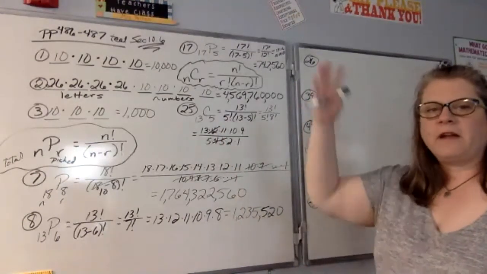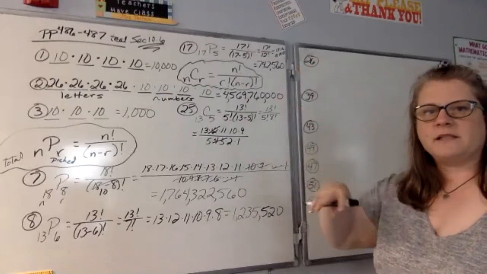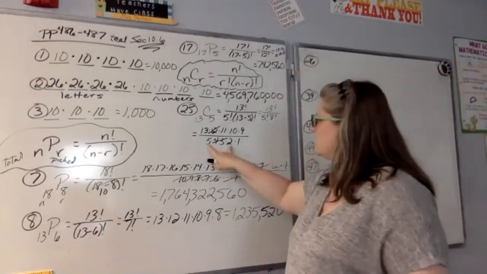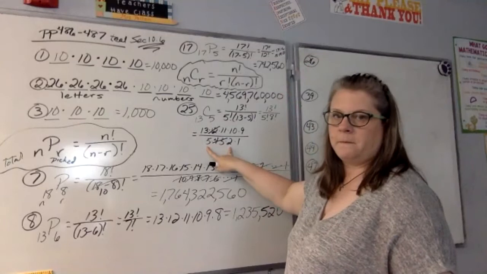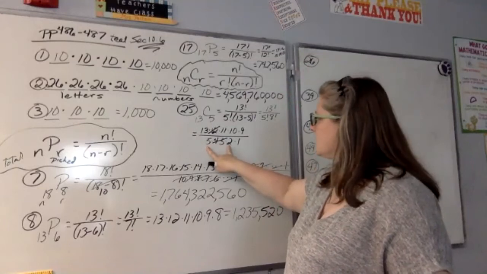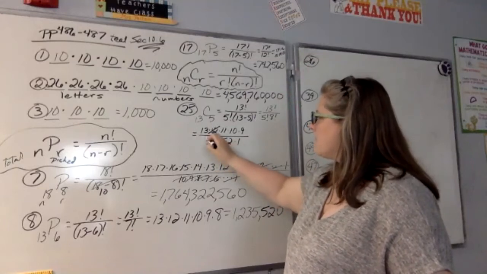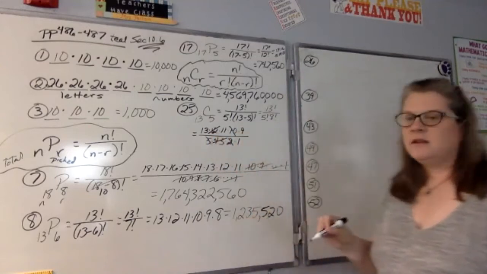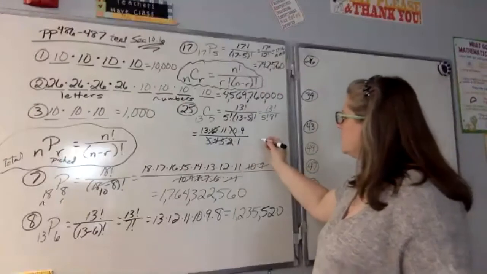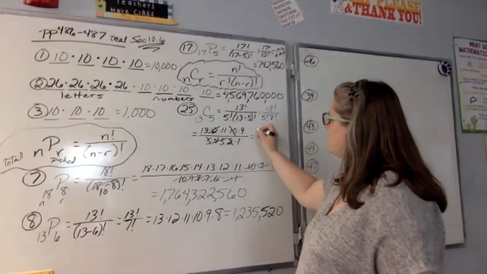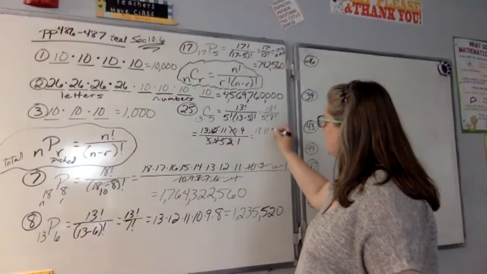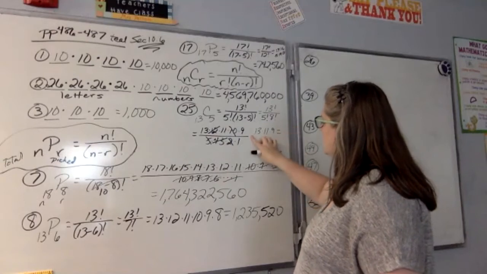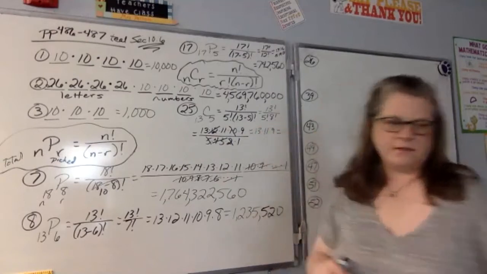Because remember, if you find stuff on the bottom and the top that's the same, you cancel out. What's 5 times 2? 10, so I can cancel out the 10. So the only thing left on the bottom is 1, and the only thing left on the top is 13 times 11 times 9. So that's what I need to multiply together now to get my final answer.